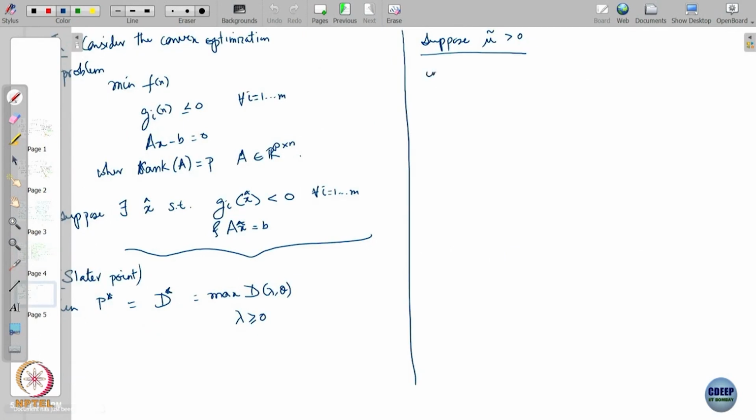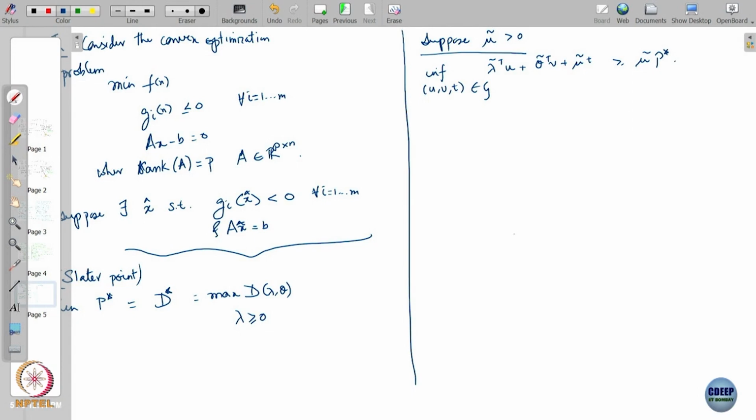I have this expression: infimum over (u, v, t) in G of lambda tilde transpose u plus theta tilde transpose v plus mu tilde times t. This is greater than or equal to mu tilde times p star. That is what we have so far.